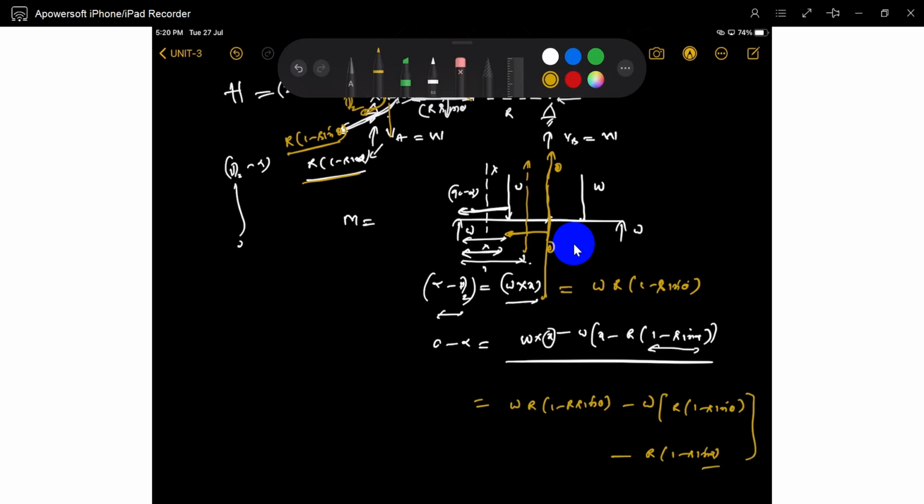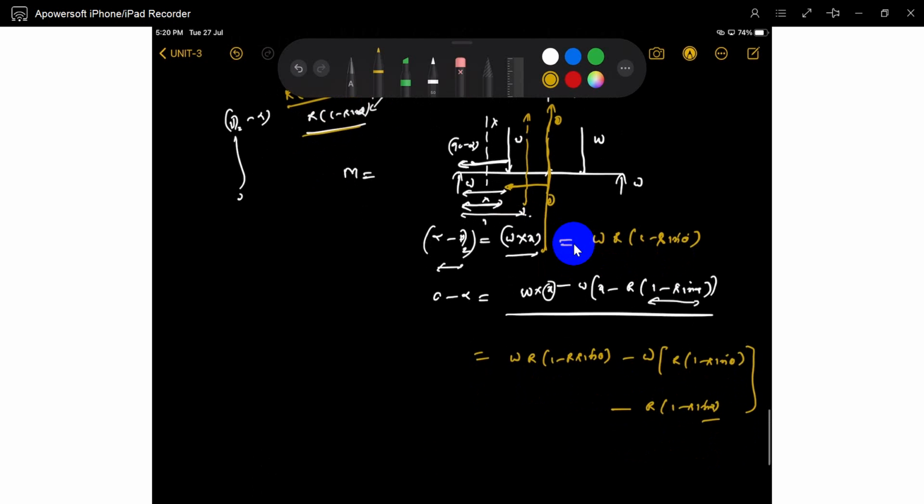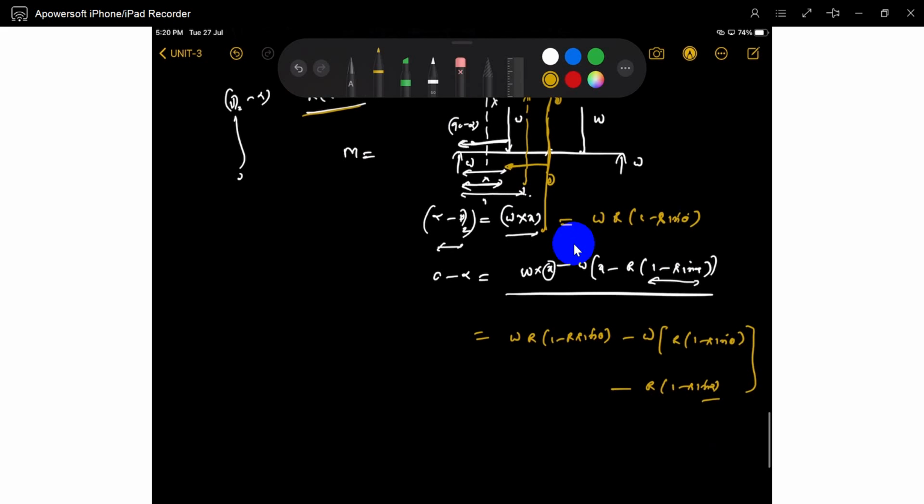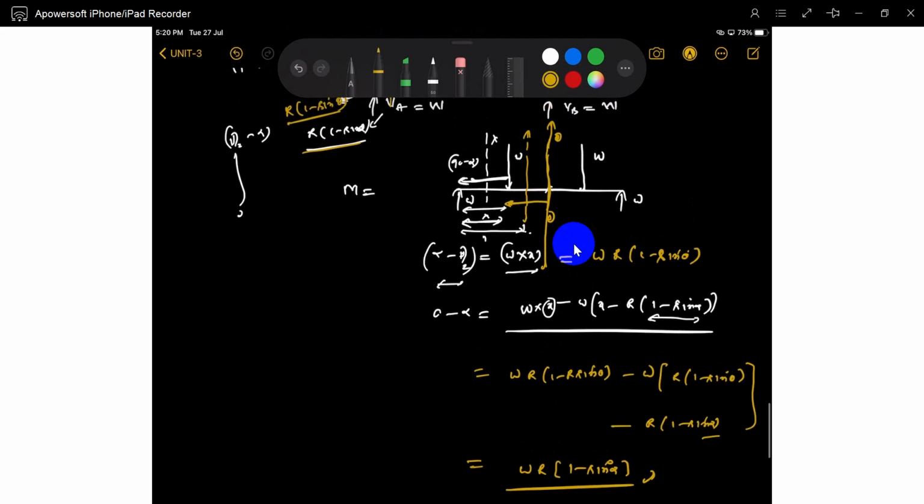Alpha is fixed, theta is variable. Understood? Theta is variable. If you find this value you will get w r 1 minus sin alpha, the thetas will cancel, we will do it later. No need to do everything. That's it. First we have to find out m.